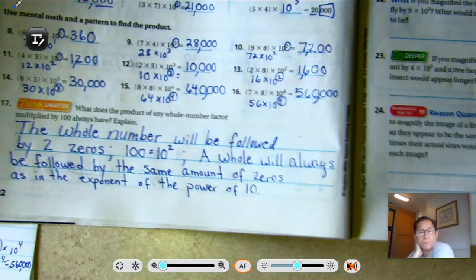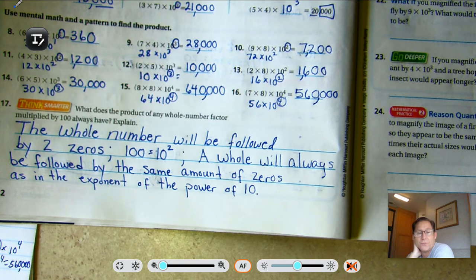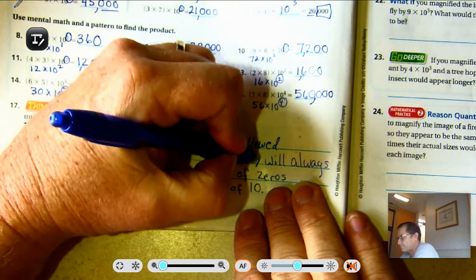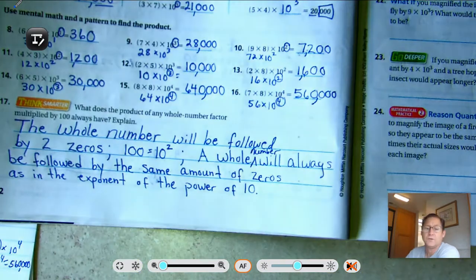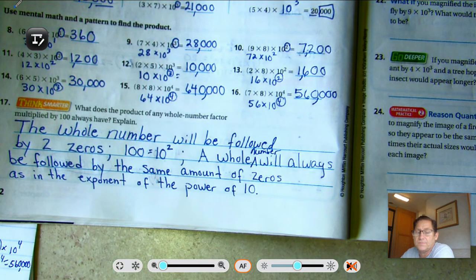Okay? The whole number will be followed by 2 zeros. How do I know that? Well, because 100 equals 10 squared, or the second power of 10. And we know that a whole number will always be followed by the same amount of zeros as in the exponent of the power of 10.